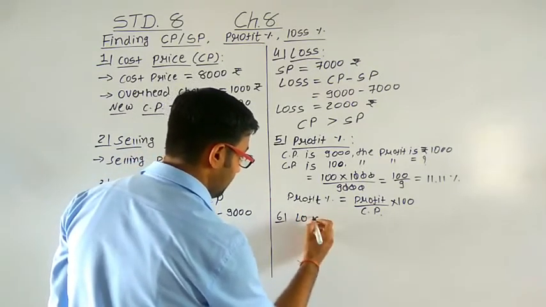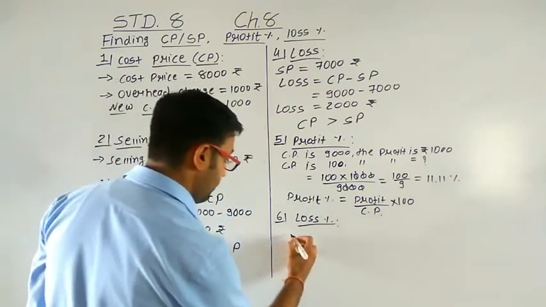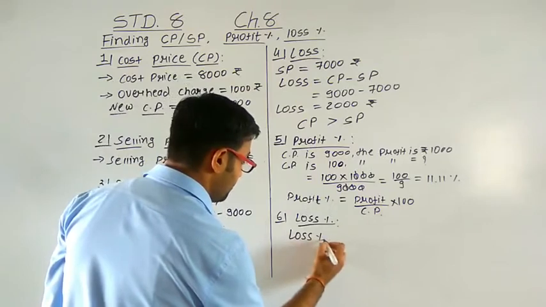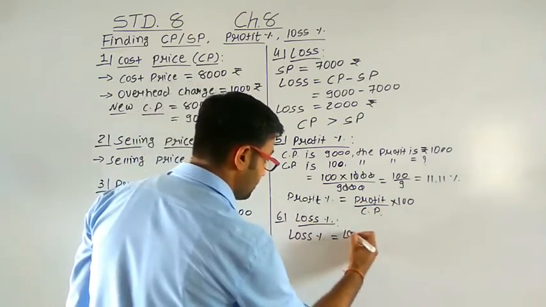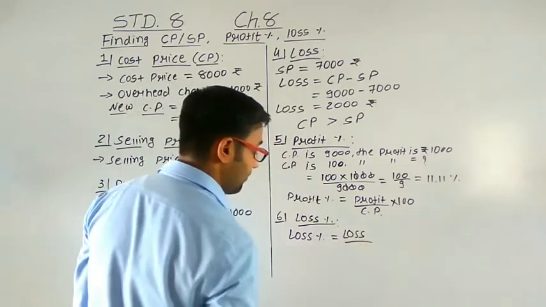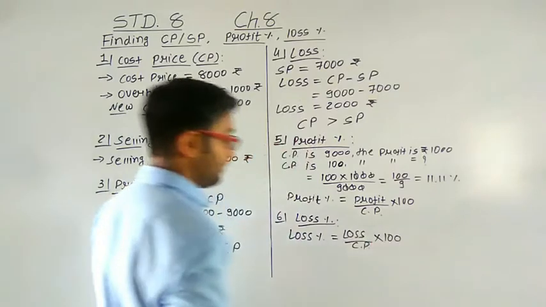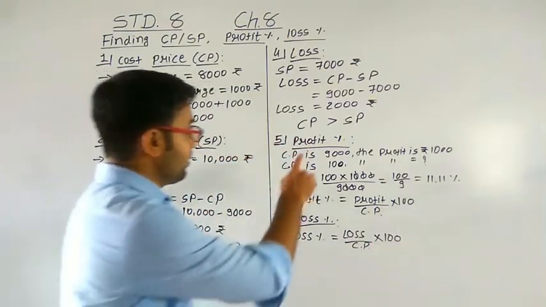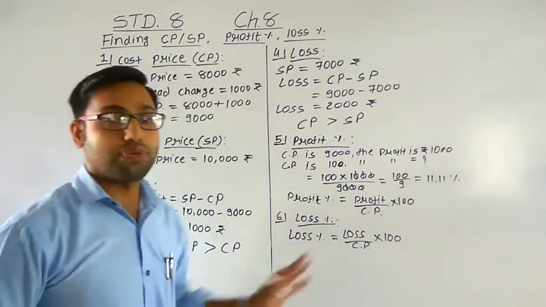In the same way, when we have to calculate the loss percentage, we can use the same formula: loss percentage is equal to loss, instead of profit, divided by the cost price and multiplied by 100. This is the formula to find out the loss percentage.